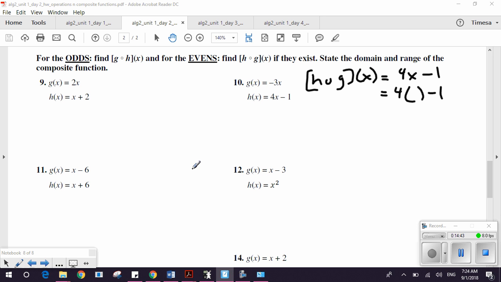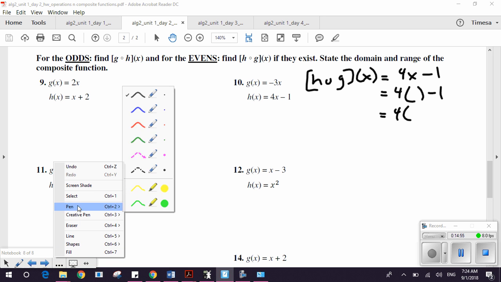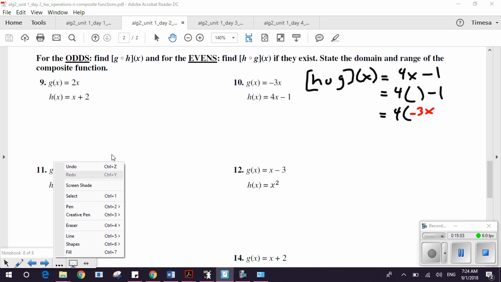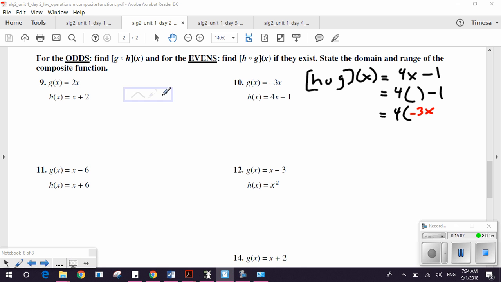So our gum function is g because it's the second one that appears. So I'm going to write 4, open my parentheses, and now I'm going to insert the gum into my blow pop candy shell. So that is a negative 3x, and then minus 1.